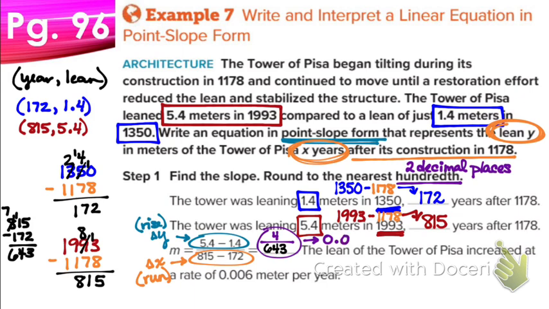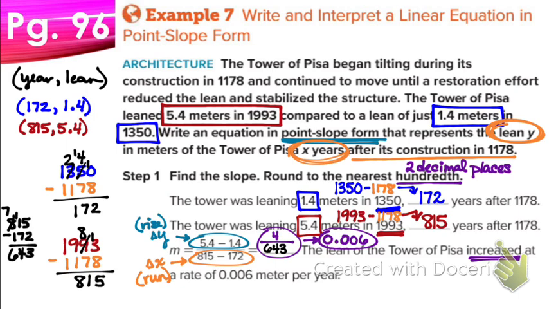So 0.006 as a decimal. Is that a positive or a negative decimal? Positive. So does that mean the lean is increasing or decreasing? Increasing. Positive values means that it is an increase. It is increasing at a rate of 0.006 meters per year.